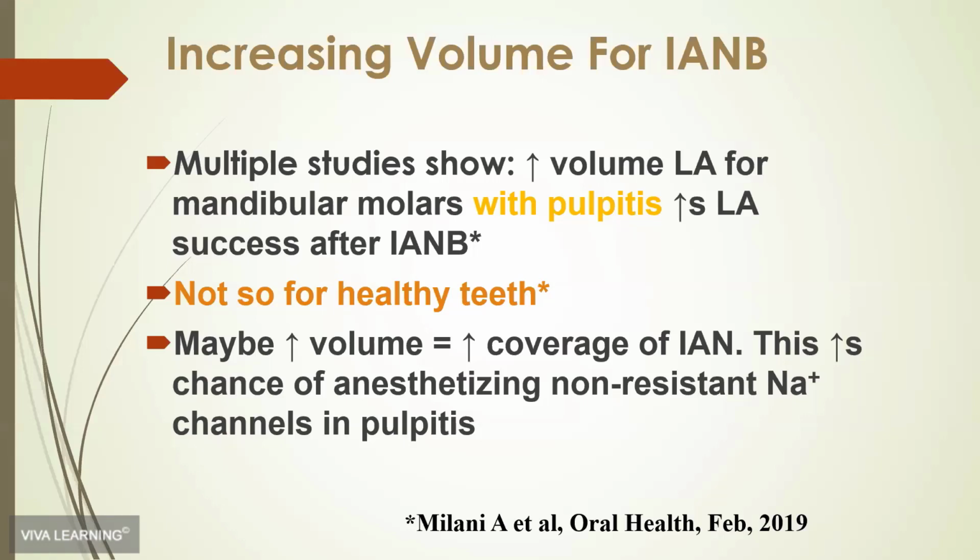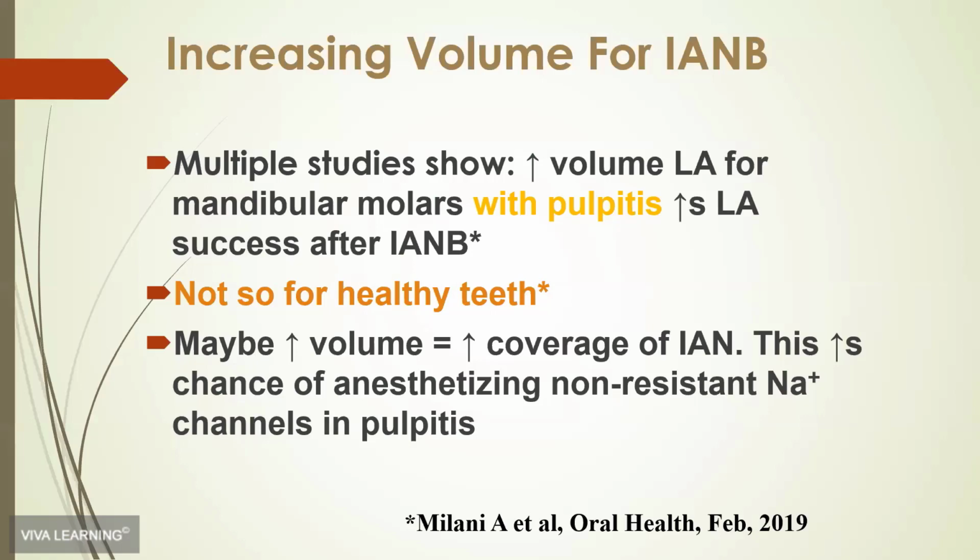However, with inflammation, infection, the story is different. Using a second cartridge actually will increase the success of your local anesthetic. And the theory here is that when somebody has infection and inflammation, there are more resistant sodium channels in the nerve.